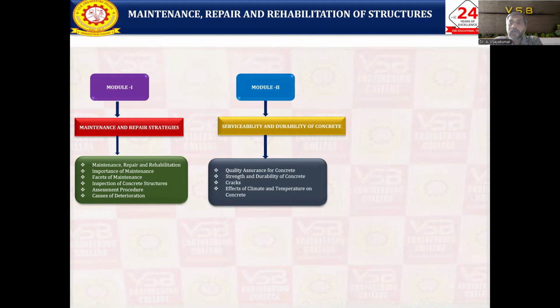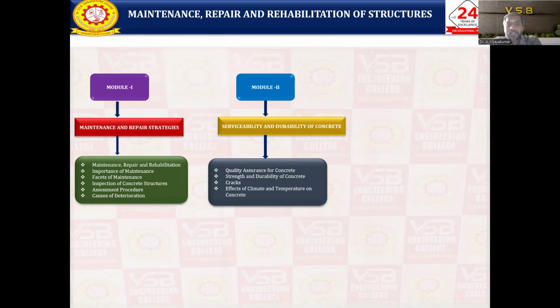In module 2, serviceability and durability of concrete, we discussed quality assurance for concrete, how to maintain quality before, during and after construction so that the concrete is of good quality.